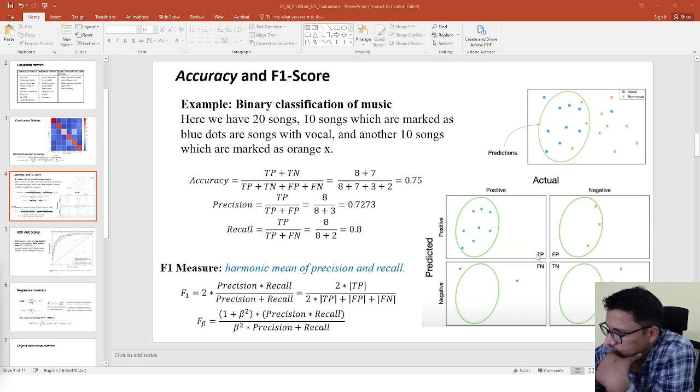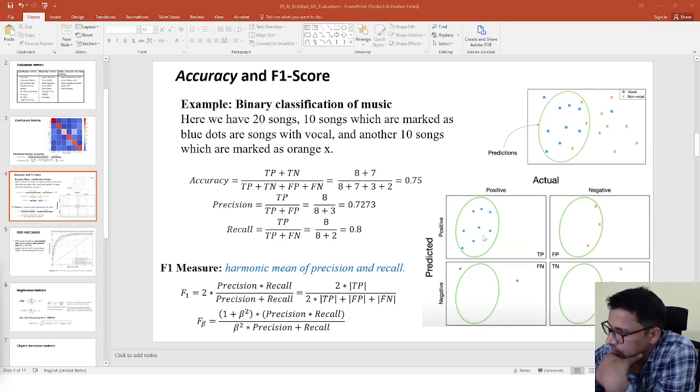So what is the true positive here? The true positives are the samples which the model recognized as vocal, and in fact these are also vocals, right?